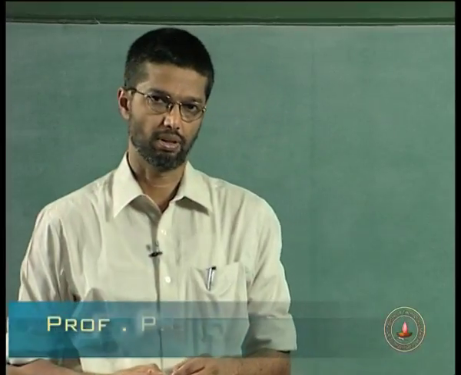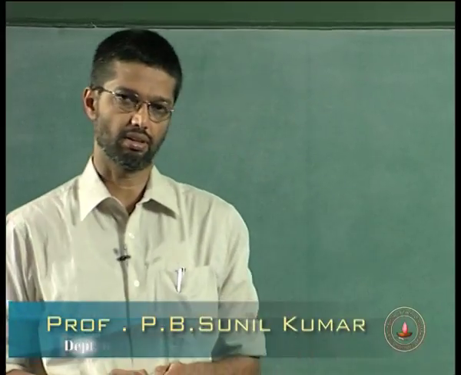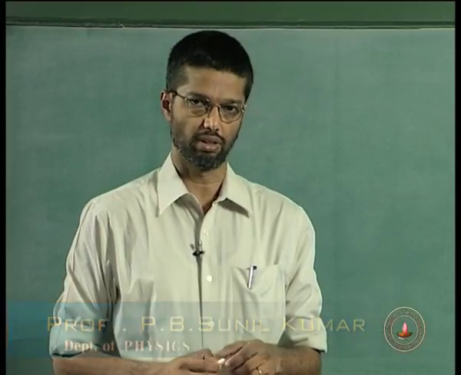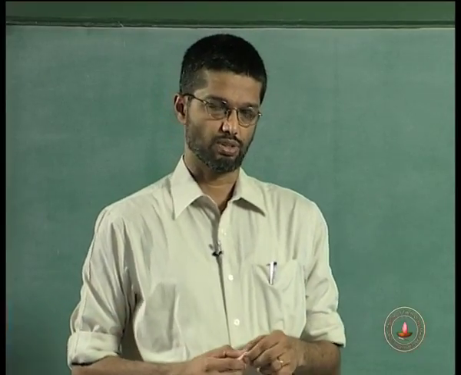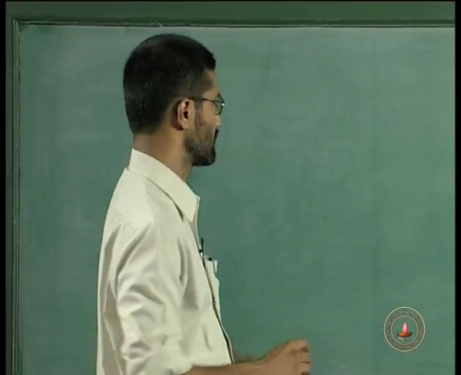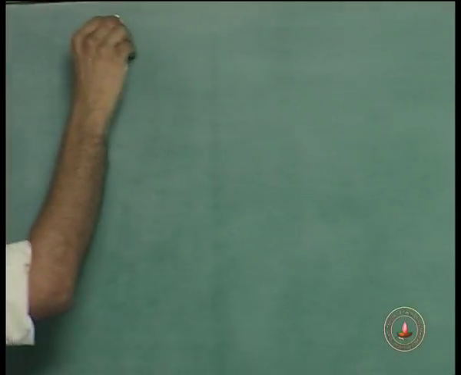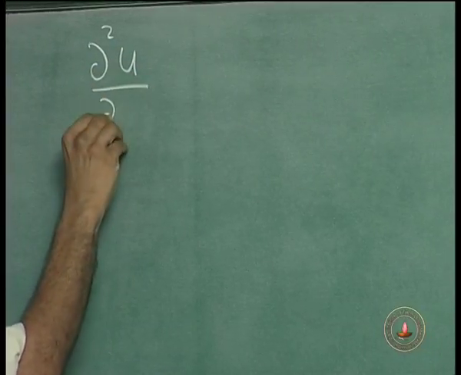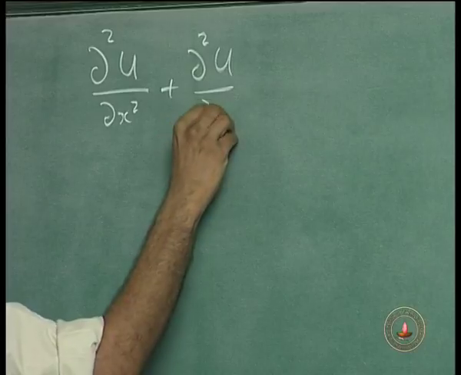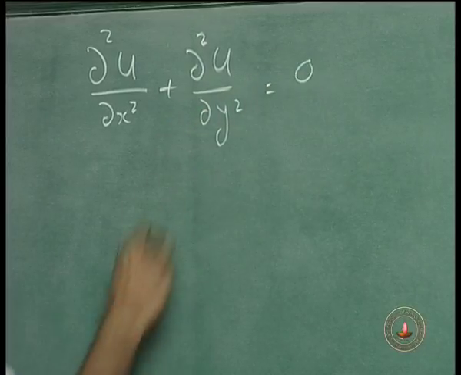We have been looking at partial differential equations and methods of solving these equations numerically, in which we saw one particular case of an elliptic partial differential equation of the form del squared u by del x squared plus del squared u by del y squared equal to 0.